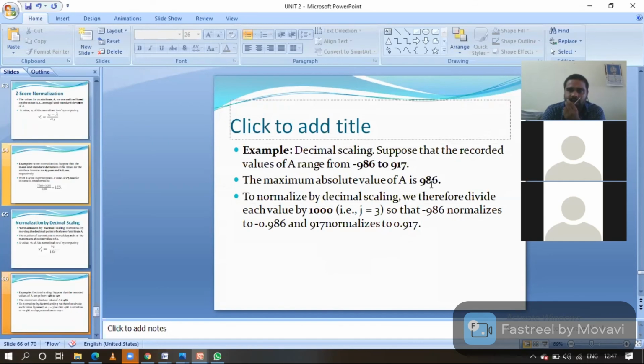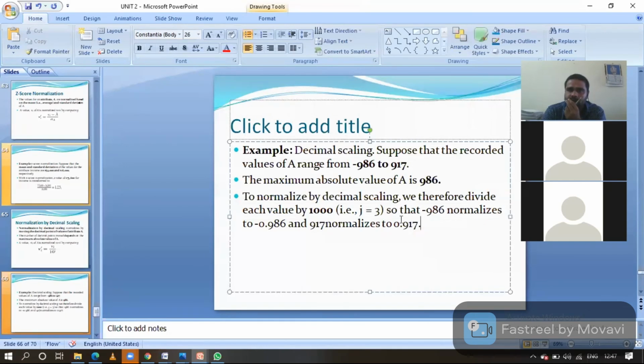The nearby 10 power value is 1000, which means we are going to divide that number by 10 power 3. Suppose I am going to normalize 917. 917 by 1000 means 0.917. This is the converted value, guys. In this way we are going to perform decimal scaling in the normalization.